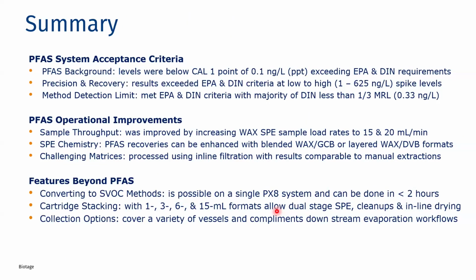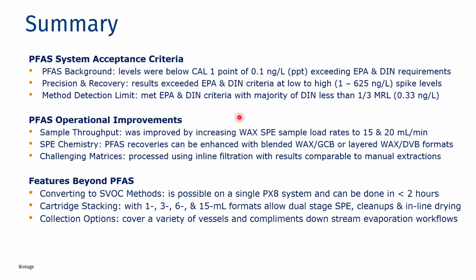So from there, we covered a lot and want to make sure that we go over the main points. And in summary, the system really demonstrated that it meets the acceptance criteria for not only the EPA methods, but the DIN requirements. And that includes the PFAS background levels, and those are below 0.1 nanogram per liter, which exceeds the EPA and the DIN requirements.